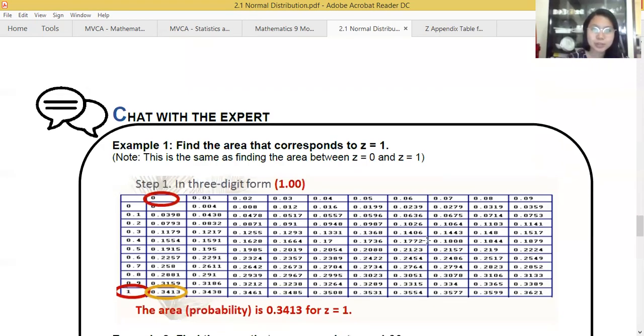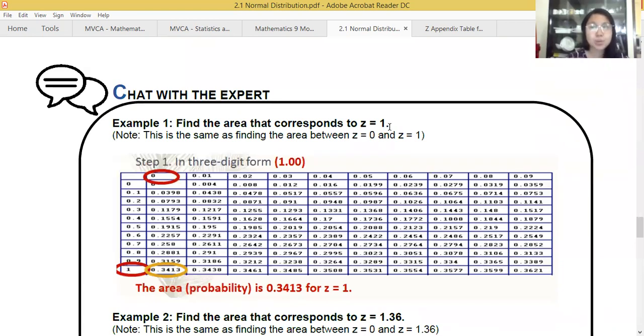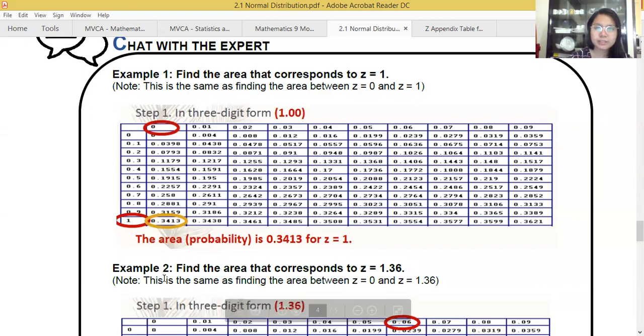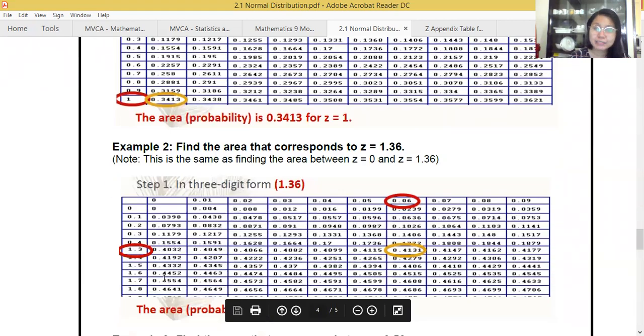Let's go to the next one. Z equals 1. You could have that as 1.00, right? So let's look for 1.0 here and 0 on top. The intersection, the answer is 0.3413. What if it's a negative number?